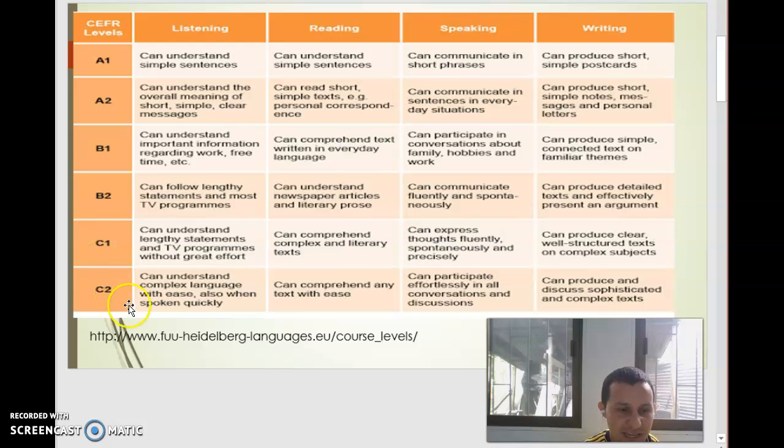In this level, C2, the high level of proficiency is near to the native speaker level. People can understand and read almost everything easily. They can read or hear English from various sources such as TV, radio, movies, and summarize into a very coherent presentation, and they explain about those TV, radio, or movies.